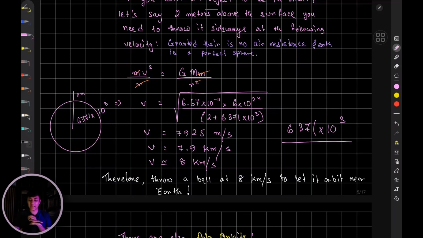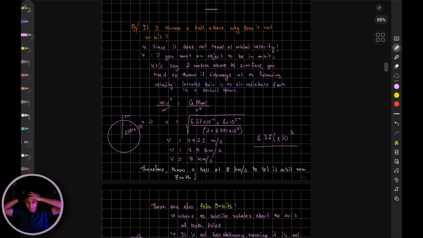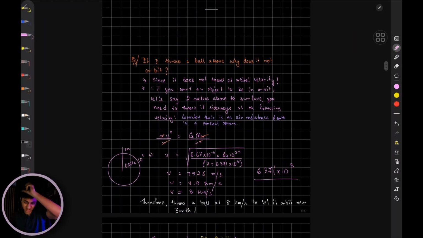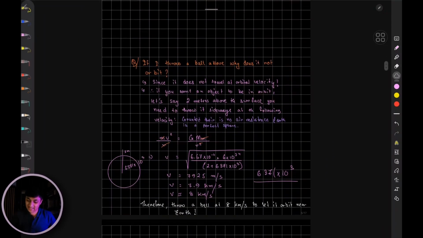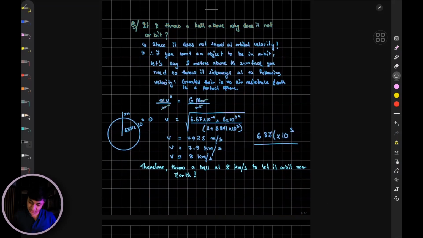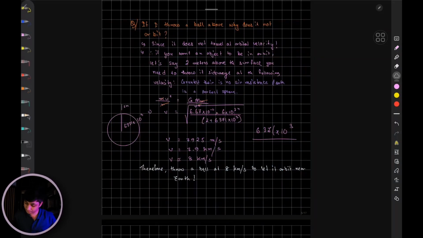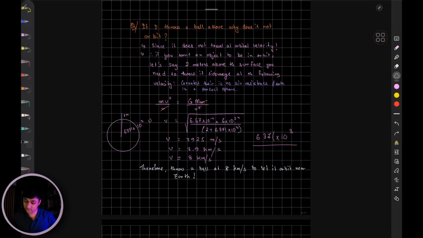If you throw it at 8 kilometers per second, it is going to orbit around Earth at an altitude of 2 meters. I found this part a bit interesting, so I just added this over here. So yes, anything can orbit. If you can make it reach the orbital velocity, it is going to orbit around Earth, in an ideal situation at least.